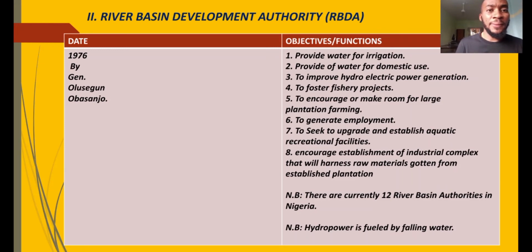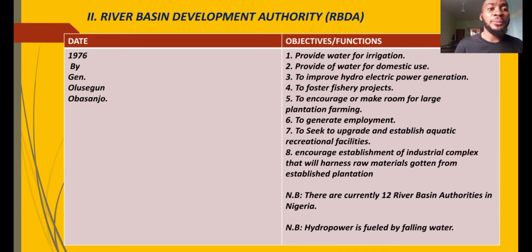So this organization was used as a means to generate power. One of their responsibilities was to provide water, and by the provision of water, they help in the improvement of hydroelectric power plants, thereby generating electricity.